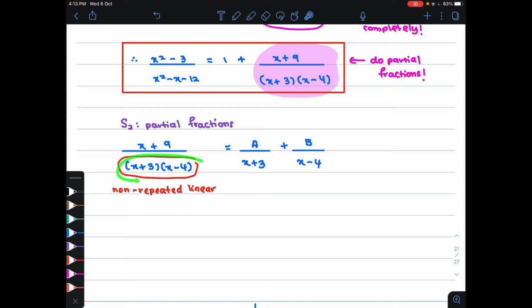So now eliminate the denominator by multiplying everything with x plus 3 times x minus 4.